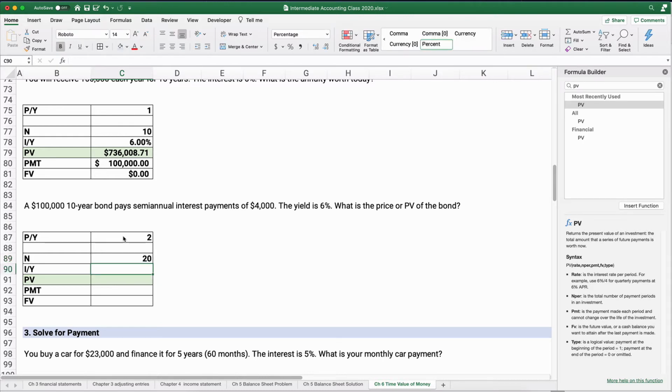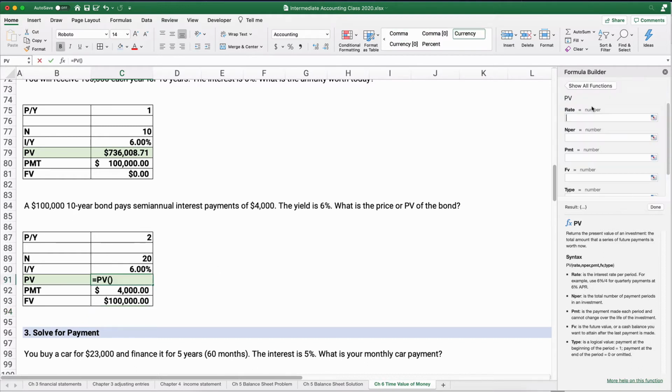The interest rate is 6%. We're solving for present value. We're going to make the payment $4,000, and the future value is $100,000. So we're going to calculate the present value.